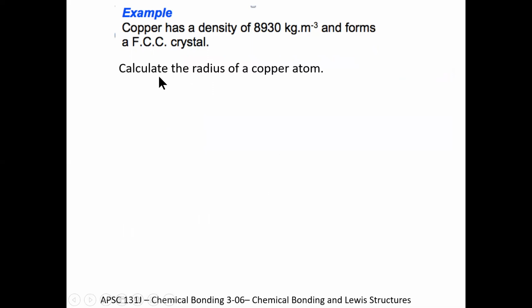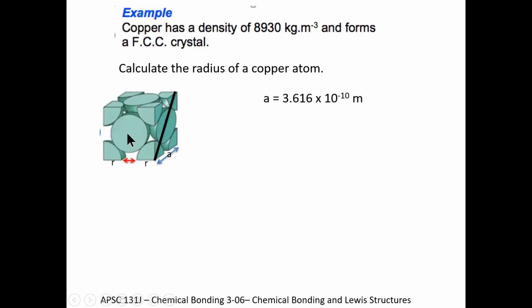Next question I'm going to answer: calculate the radius of the copper atom. Again, we know the length of A, and since it's a face-centered cubic cell, we know that 4r, remember, 4 radii, equals the length of this diagonal.